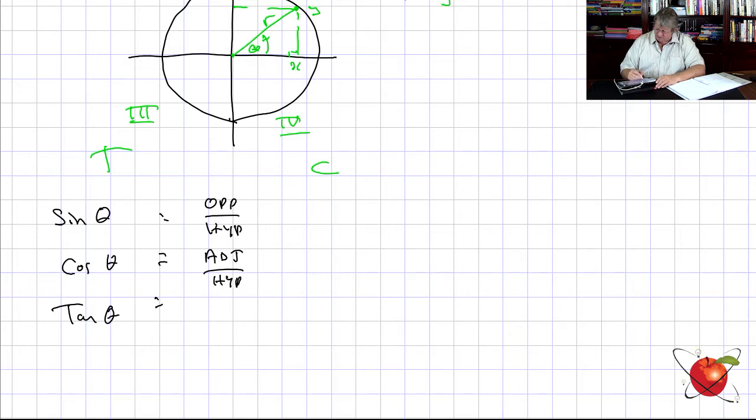I know we're recapping, relax. Those are the ratios, aren't they?